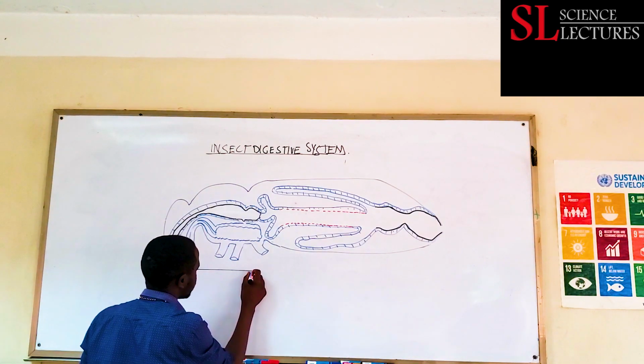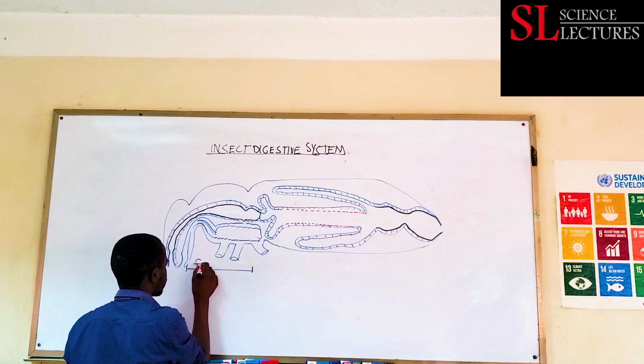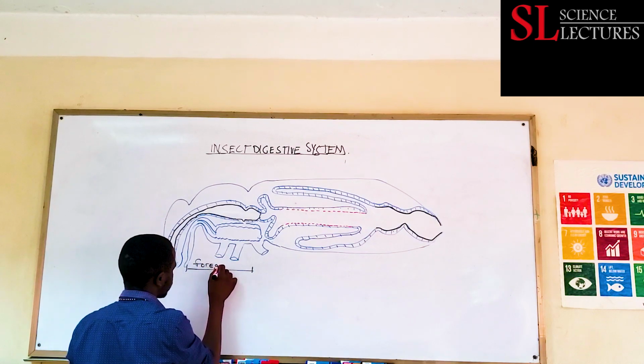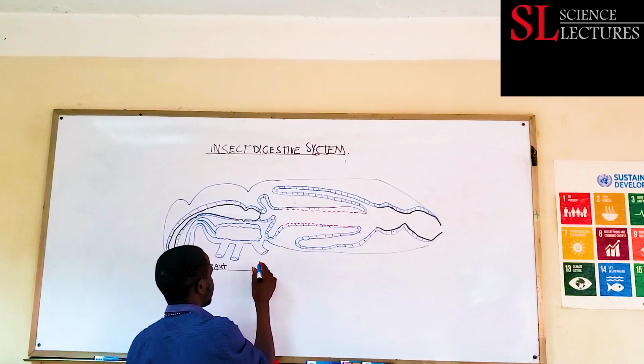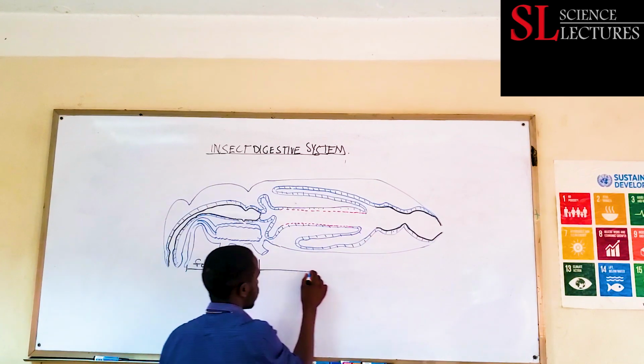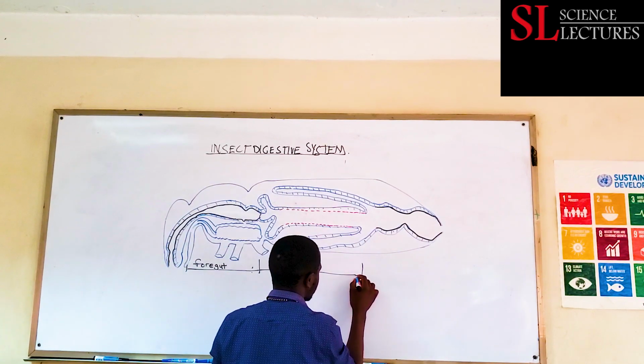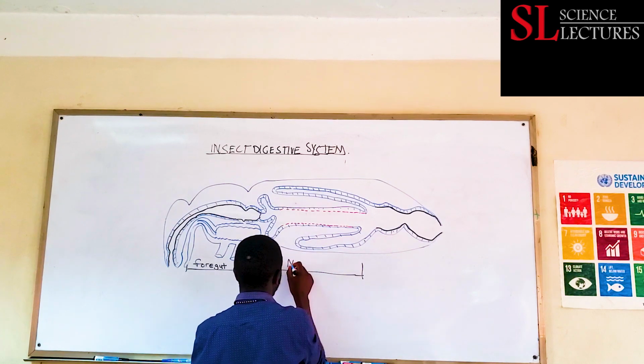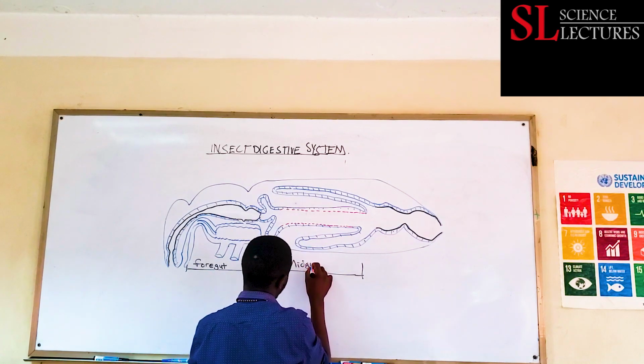Number one, it is divided into the foregut. Then number two, we have the midgut. From here to here is the midgut.